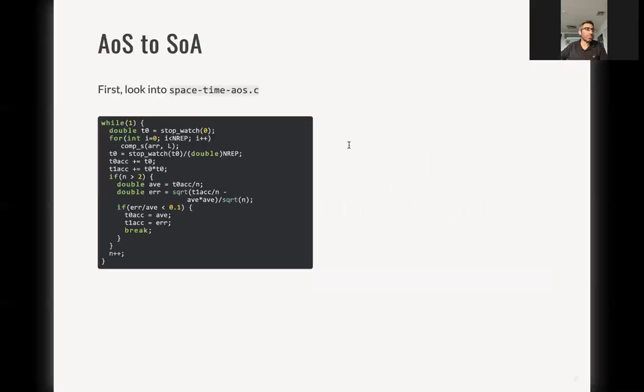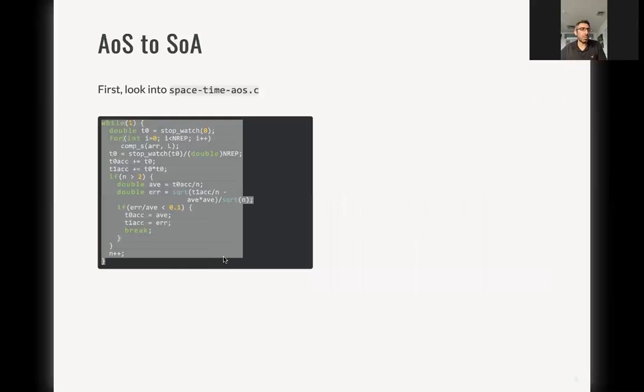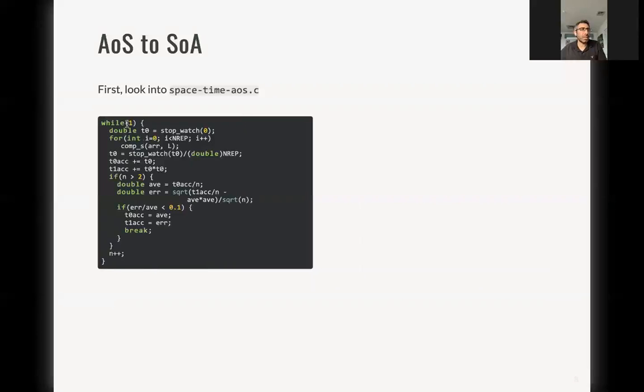You don't have to understand all of this part of the code completely, but basically the main operation that is being done is this comp_S here. That's the part that actually does the calculation.